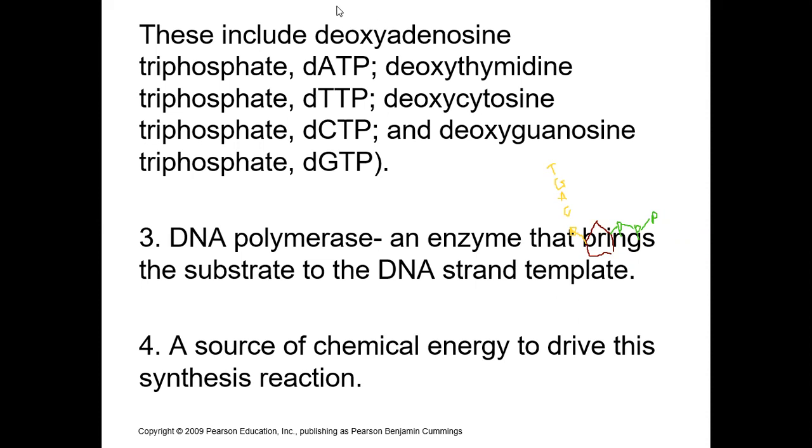Now, if the base is adenine, then we say it's a deoxyadenosine triphosphate. If it is thymine, then we say that it's deoxythymidine triphosphate. If it is cytosine, then we say it is deoxycytosine triphosphate.